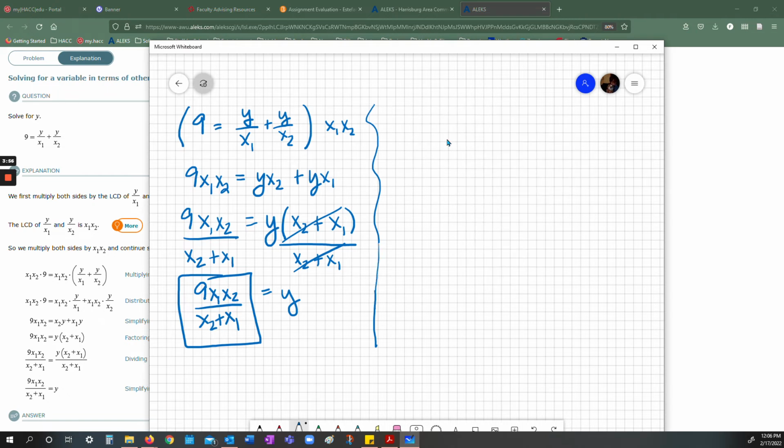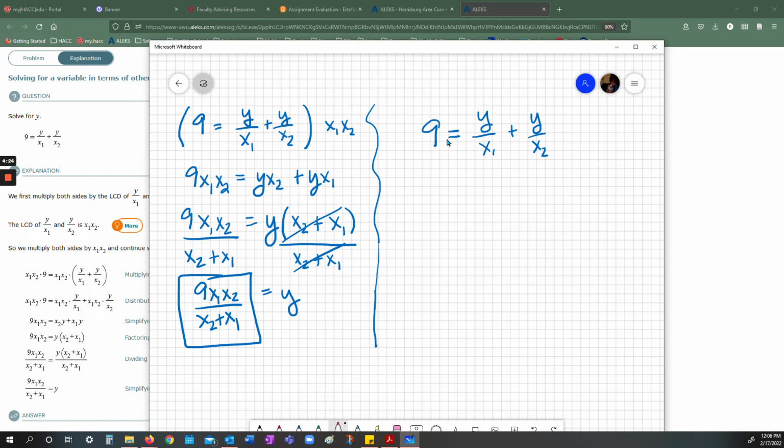And here's the other way that you might think of this. 9 equals y over x1 plus y over x2. Okay, so starting over again. Instead of multiplying through by this x1, x2 denominator, another thing we could try is just adding these two fractions. The common denominator is, again, x1, x2.